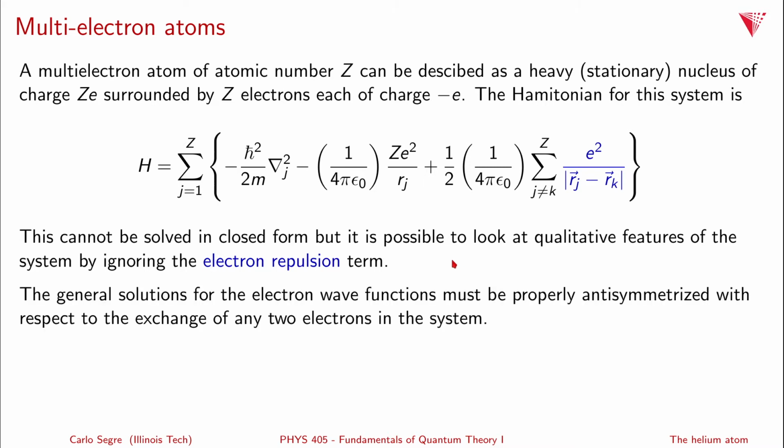So if we ignore the electron repulsion, we still must properly anti-symmetrize the wave functions with respect to the exchange of any two electrons in a system.